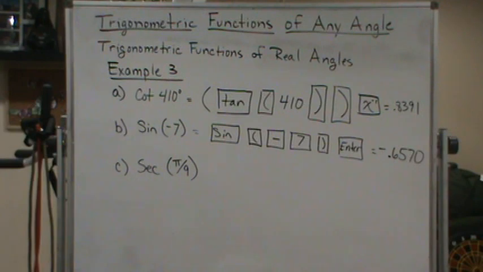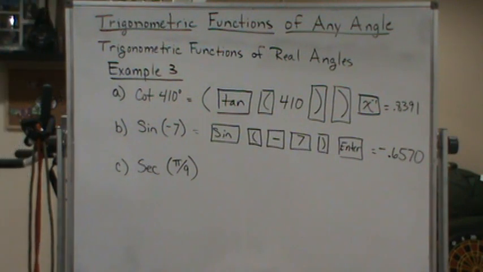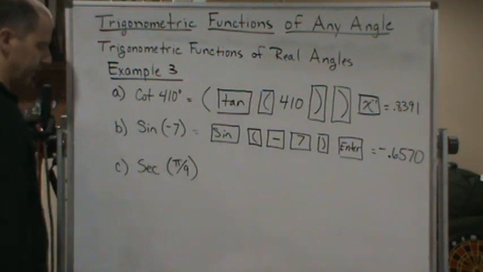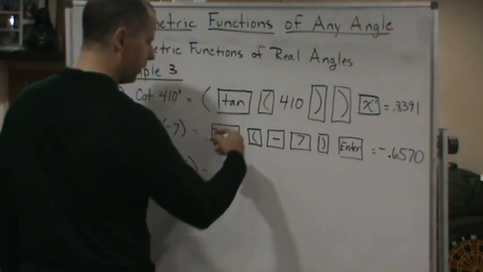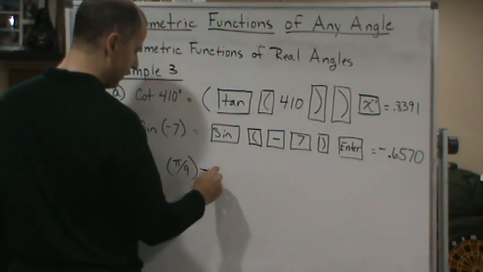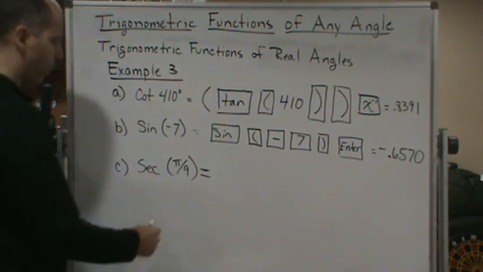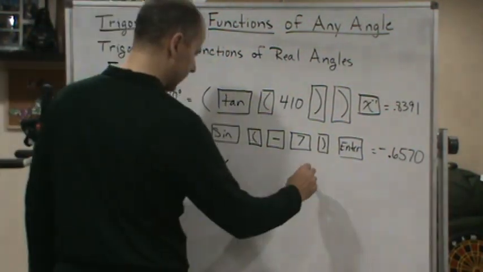Now for part C, again we're dealing with radians. We've got pi over 9. Secant is 1 over cosine, so this is where we're going to use the reciprocal again. I'm going to use parentheses again to box it all in.